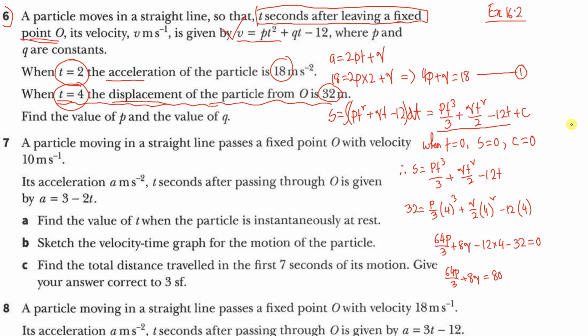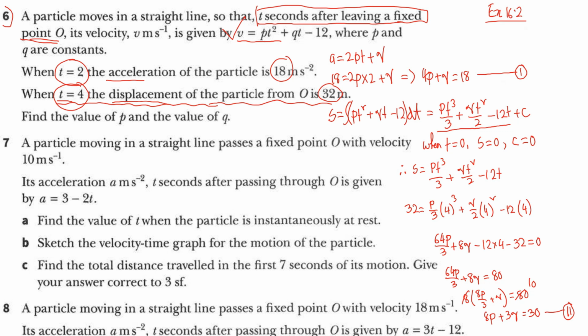We can take 8 common from there, which gives 8p by 3 plus q equals 10. We can cancel out 8 with the right side, 80 giving 10. So then it is 8p plus 3q equals 30. This is our second equation.